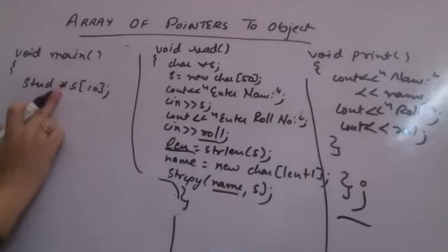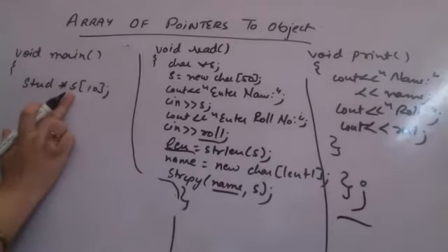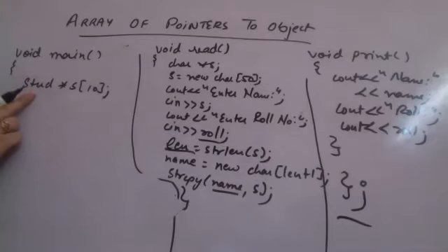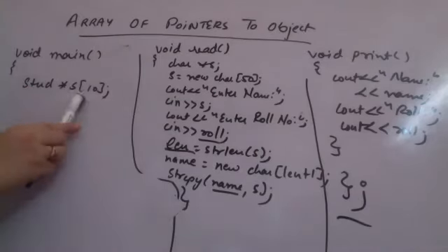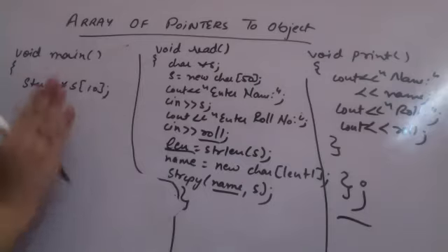So what have I done here? Earlier, if I am not mentioning this is pointer, this is a normal array of objects. Now what have I done? Now this is an array of pointer to the object of class student. I have not created any student. See, no constructor is called here. I am again repeating, no constructor is called here. Object create नहीं हुआ है अभी. सिर्फ pointer to the object का array created. So what do I mean?